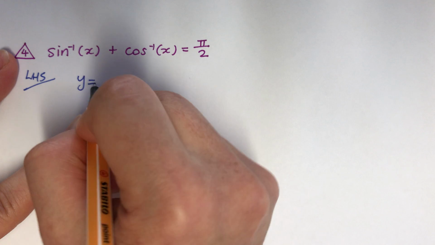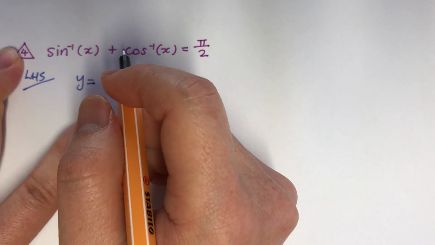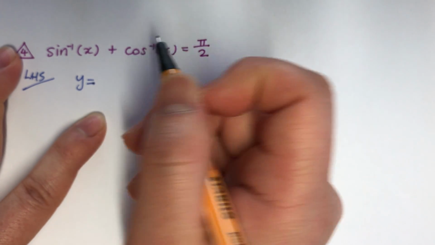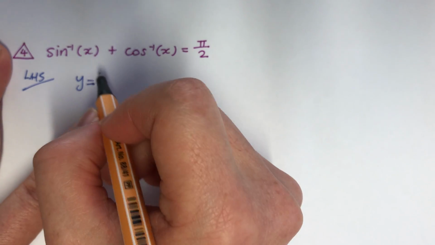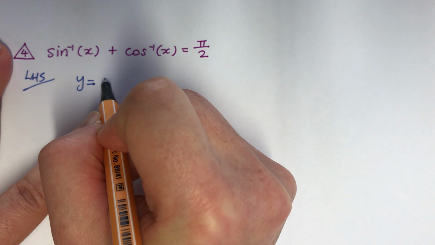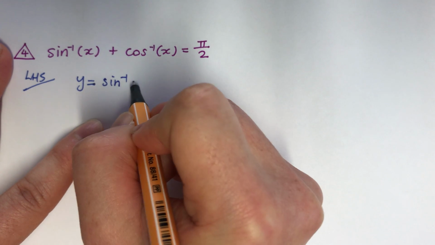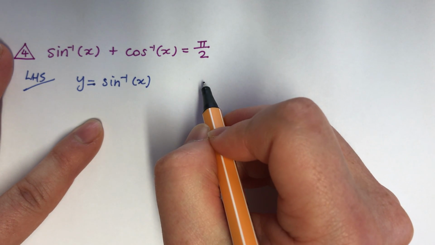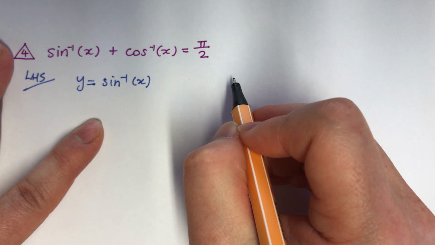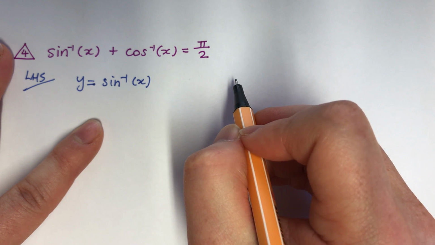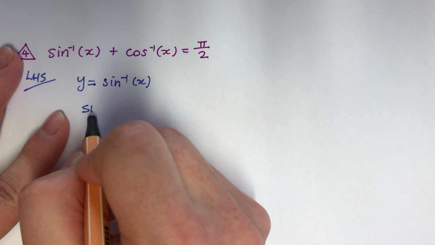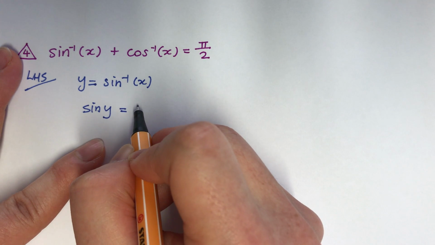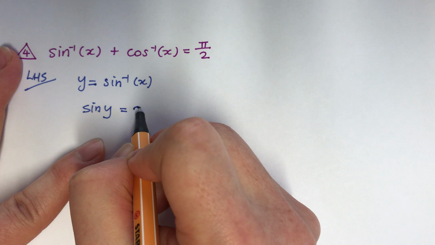I'm going to call y equals inverse sine x, and then y equals that, and that would be sine y equals x.